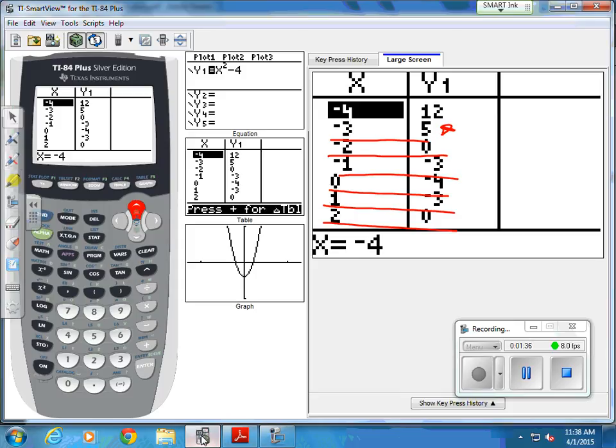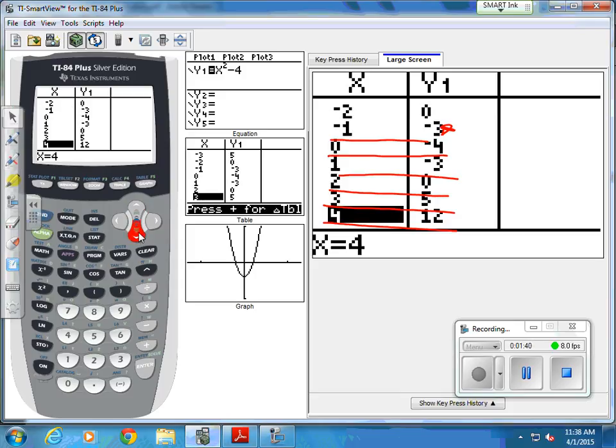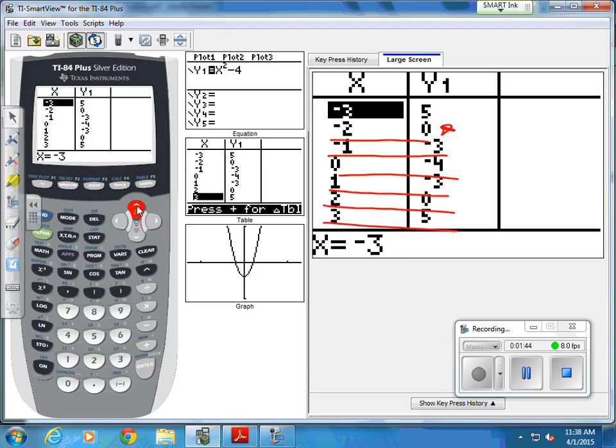Okay, and then maybe there's some more below that. Let's see. So all of those should be good. So negative 3, 5, negative 2, 0. All of these will fit on our paper. Negative 3, 5, negative 2, 0.